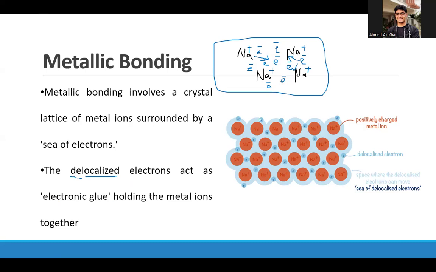And because metal atoms have so many free electrons, they are good conductors of heat and electricity, because these electrons can move from one atom to another and conduct electrical charge, and this gives rise to current.